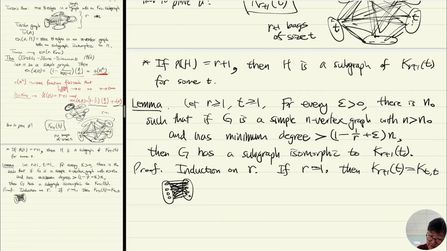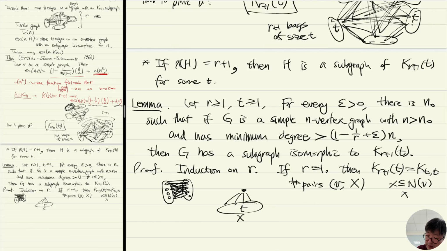So if I look at the vertex v and its neighbor set x of size t, the number of such pairs, well, what is that number?